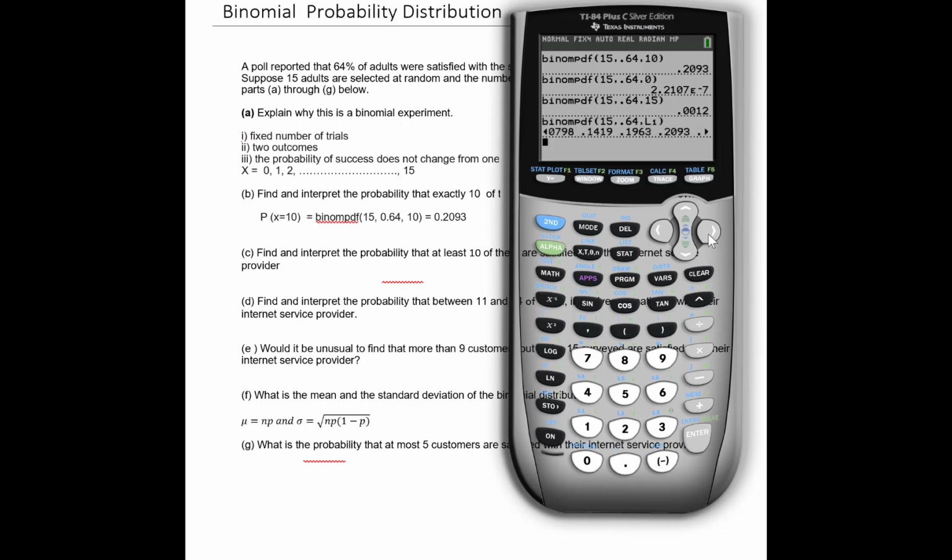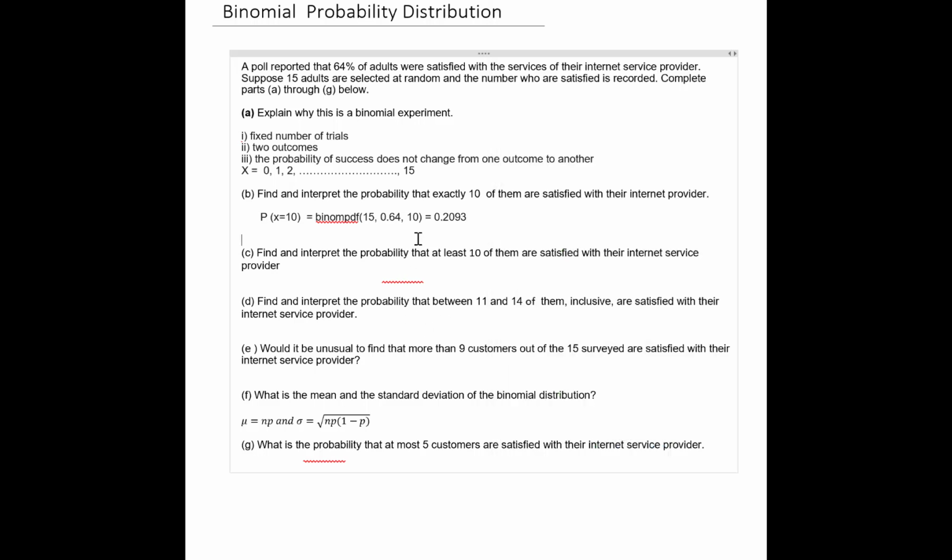You see the 10 right there, 0.2093, which we did already. The next one is probability of x equals 11. Then the probability of x equals 12, 13, 14. And remember the 15 was 0.0012. There you go. You're going to see the last one, 0.0012. These are all the probabilities. You can find them all in one shot using the calculator.